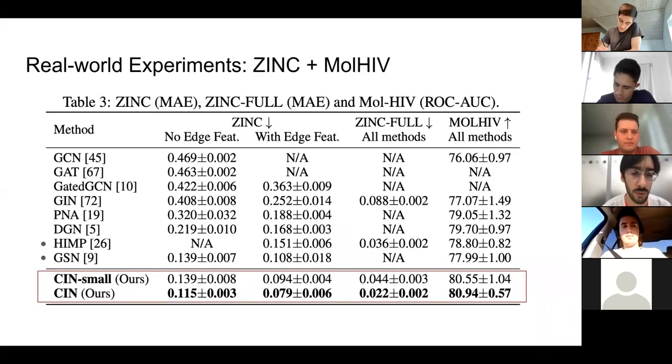Yes, we also have some results on larger, probably also more stable, molecular benchmarks, in particular ZINC and MolHIV. MolHIV is from the OGB benchmarking effort, and ZINC is a dataset commonly used for molecular modeling with GNNs.